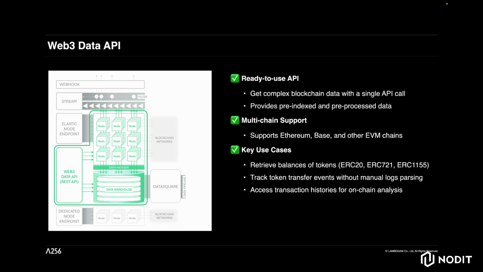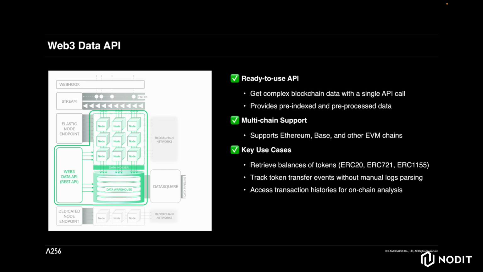Sometimes you need more than just raw data, you need structured data. That's where Web3 Data API comes in. Standard Node APIs often require multiple calls and extra processing to get useful blockchain data. Web3 Data API simplifies this. It gives you pre-indexed blockchain data in a single call.